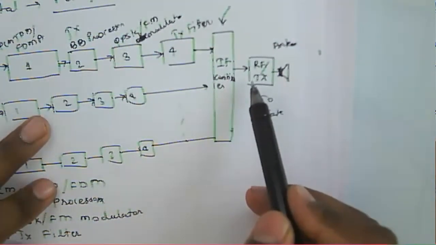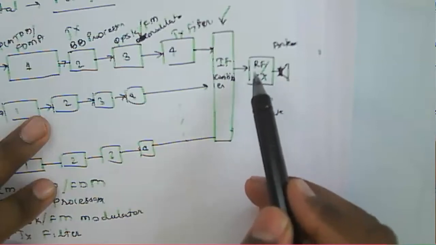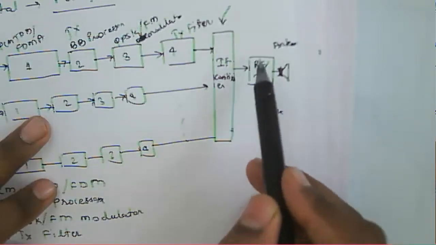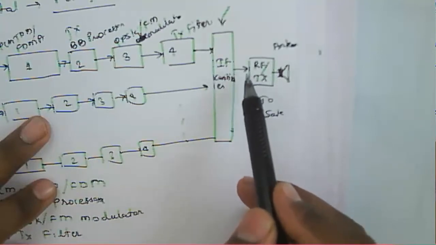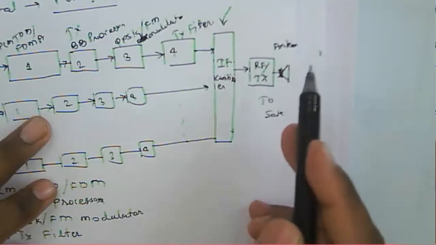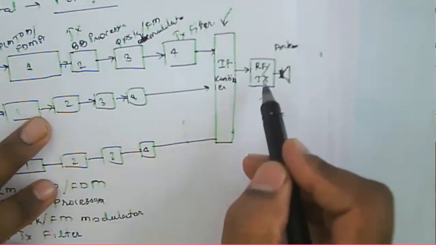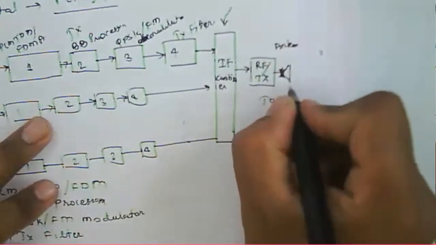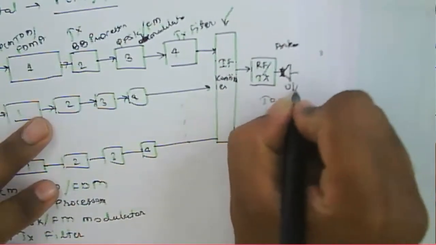Then that IF spectrum will be raised to the RF uplink frequency, because here this is an earth station, so the output will be the uplink one.